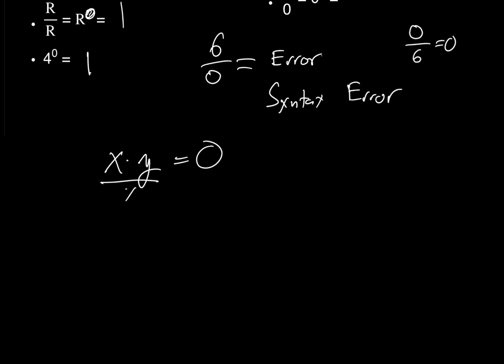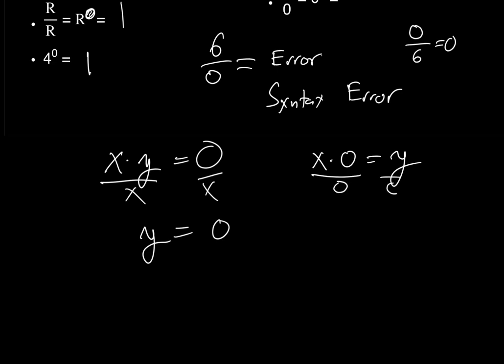So if I divide both sides by x, y would be 0. 0 divided by x, x's don't go in there. If I do it the other way around and I say x times 0 equals y, and then I divide both sides by 0, I have x equals y over 0.